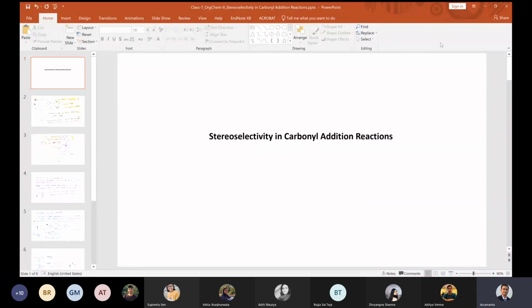So in all other cases, actually it does not matter because your Re face and Si face are equivalent, right? So only when you have a stereogenic center close to the prochiral center, then actually this situation comes. So the question will be in that way: explain using the Felkin-Ernst model or explain using Cram's rule.